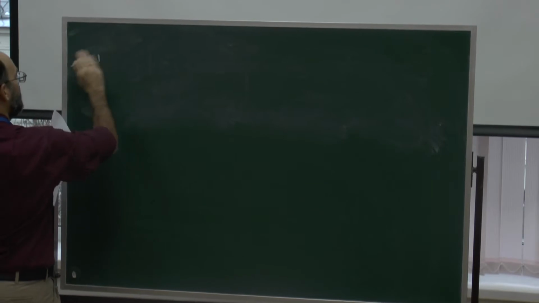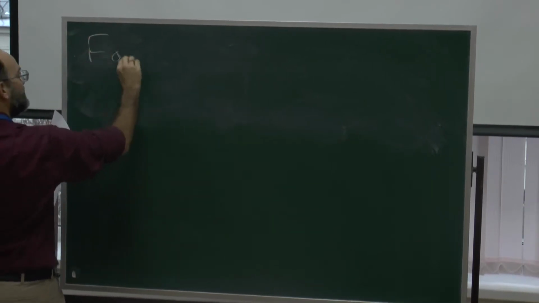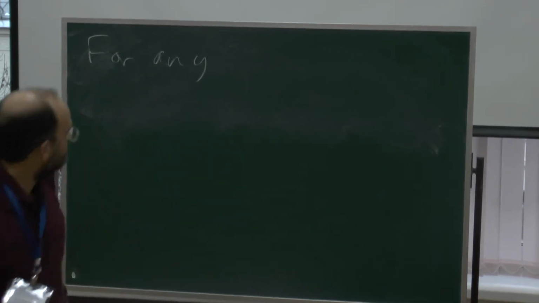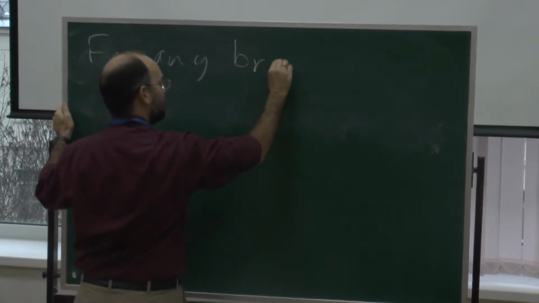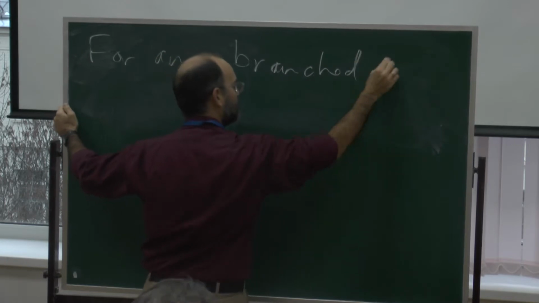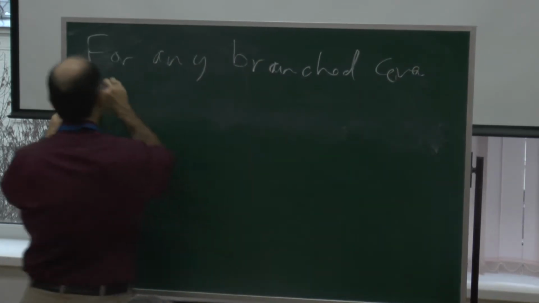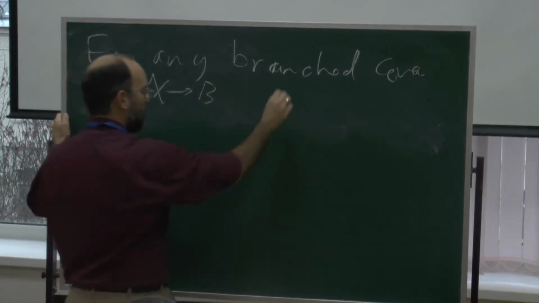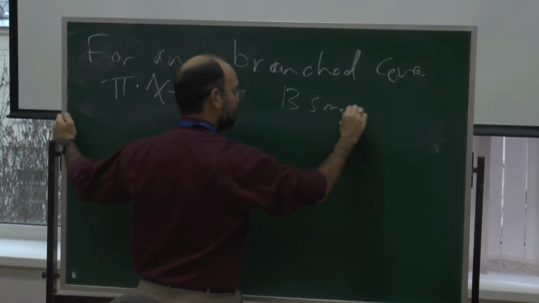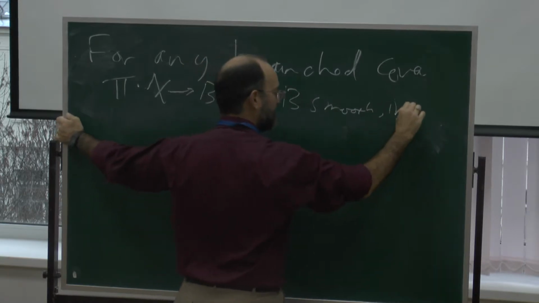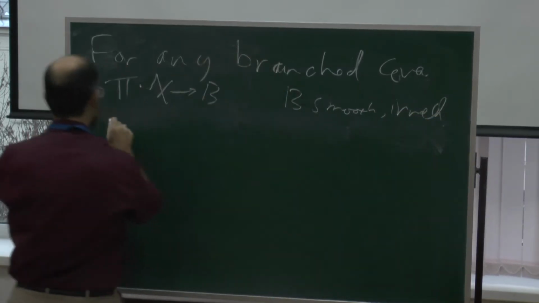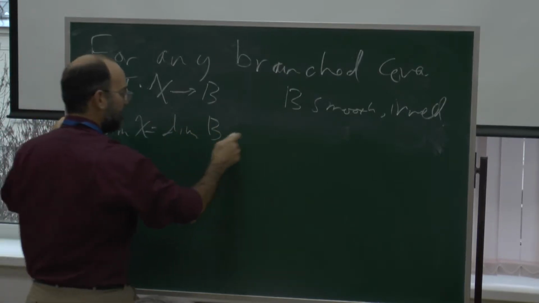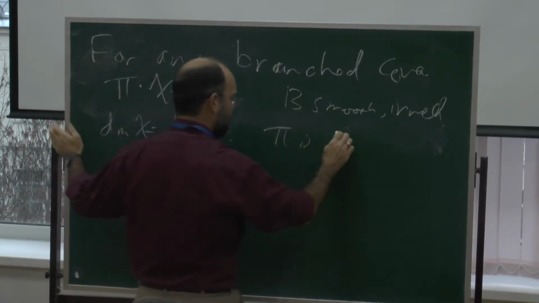For any branched cover, so here B is smooth, irreducible, the dimension of X equals the dimension of B, and pi is dominant.